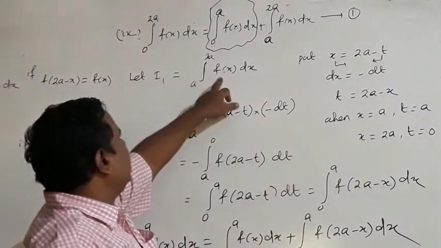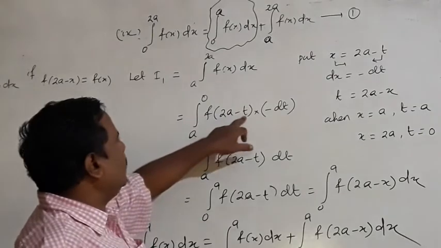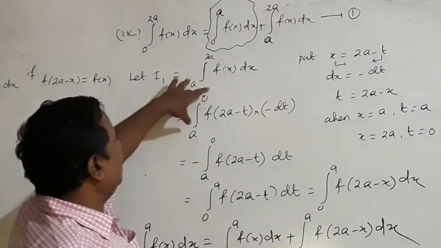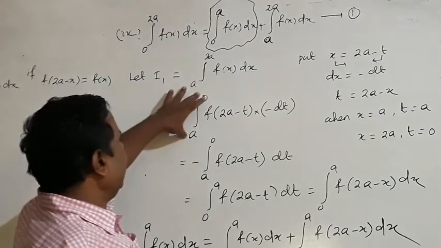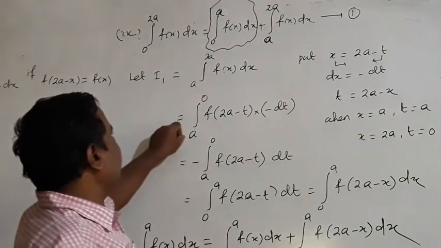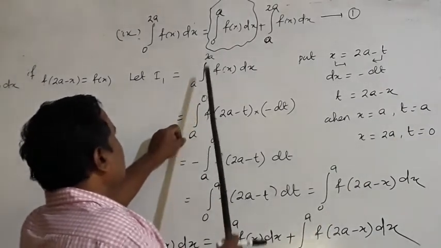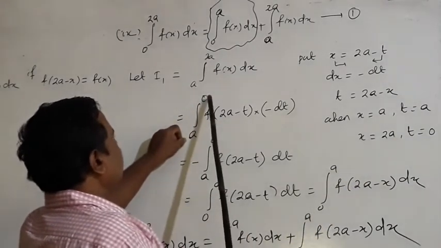Now in place of x, you put 2a minus t, and in place of dx, minus dt. When x is equal to a, t is equal to a. When x is equal to 2a, t is equal to 0.